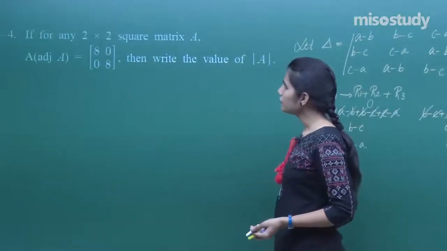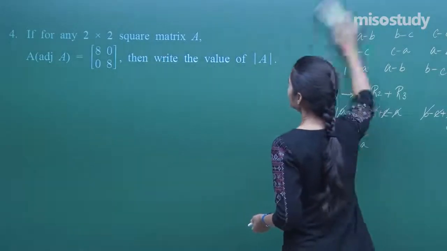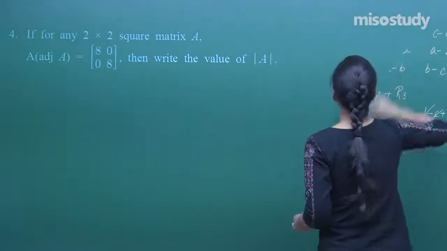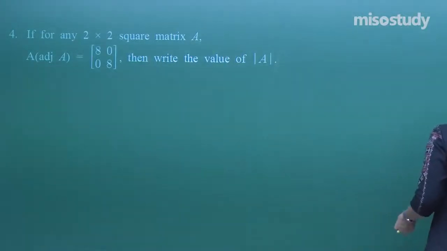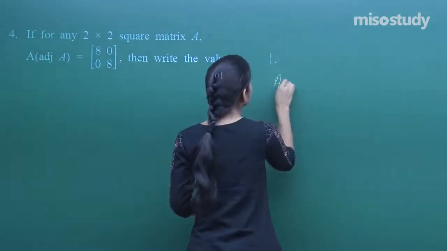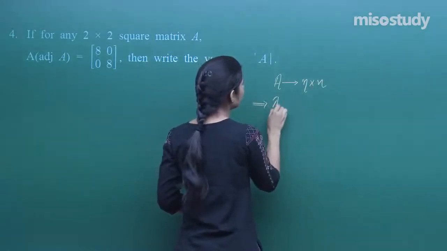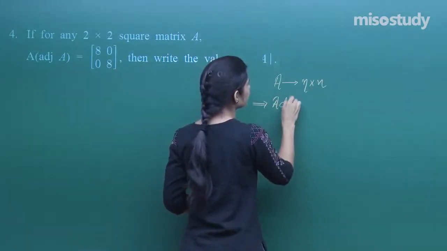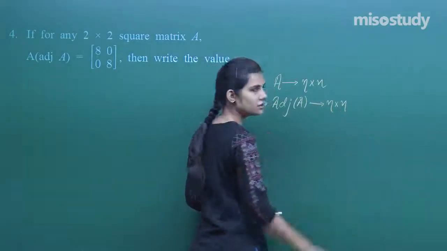Next question we have, if for any 2 cross 2 square matrix, A into adjoint of A is this 2 cross 2 matrix, then write the value of determinant of A. Now for this, you need to know one concept: if A is a square matrix of order n cross n, then clearly adjoint of A is also a square matrix of order n cross n.